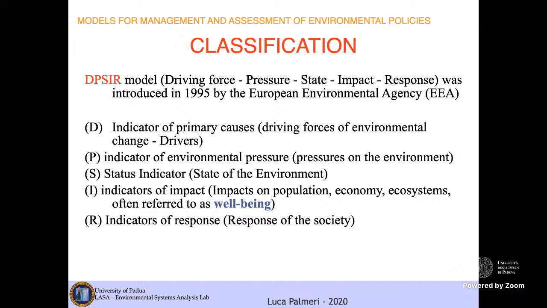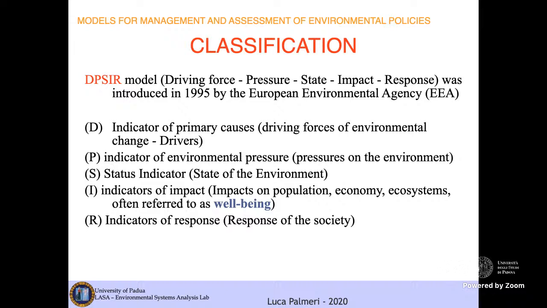For example, I need to produce food. Pressure indicators are indicators of environmental pressures. Since I need to produce food, I need to do agriculture, so I have nutrient loss due to my agricultural activity. Status indicators show the state of the environment, for example, concentration of nutrients in the water column.